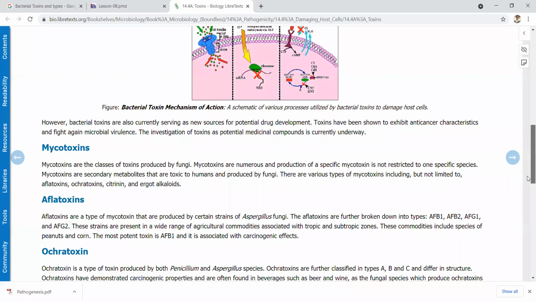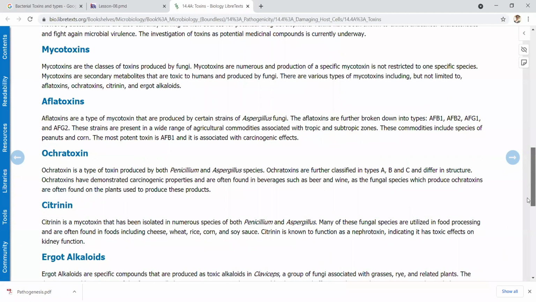Similarly, you will also find several mycotoxins, that is toxins produced by fungi. There are various types of mycotoxins, and some common names are aflatoxins, ochratoxins, citrinin, and ergot alkaloids. These mycotoxins are considered secondary metabolites that are toxic to humans and produced by fungi.